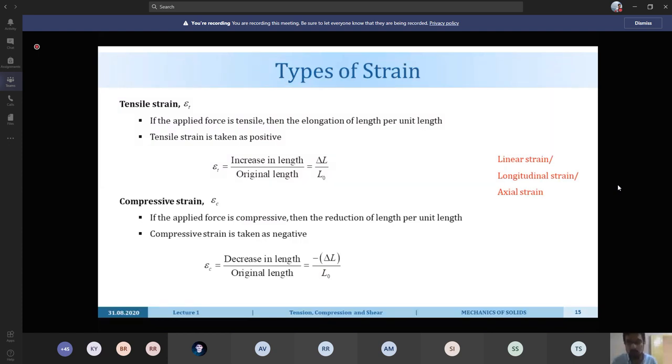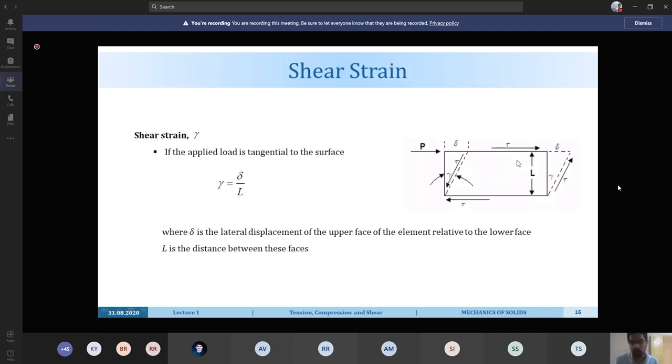This is because we have another type of strain called the lateral strain, which we will come to in the next slide. Now we have another strain called the shear strain, analogous to the shear stress. In shear strain, as I said before, the force is acting parallel to the surface.